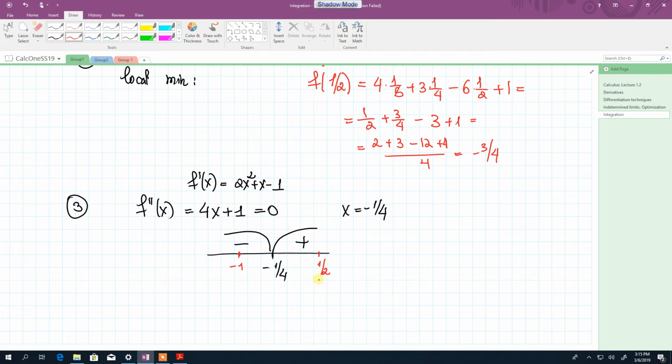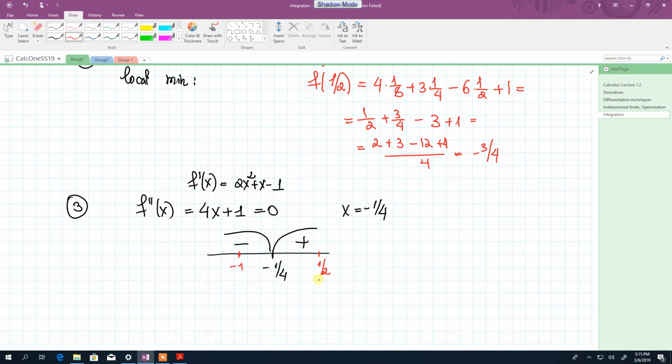So if the second derivative of your function is positive at some critical point, it means that your function reaches its minimum, okay? You can either figure out the local maximum and local minimum by figuring out the increasing and decreasing regions, or by finding the second derivative and putting the critical points here, okay?